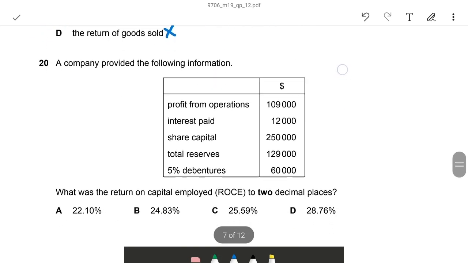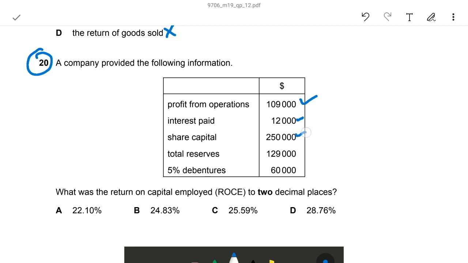Next. A company provides the following information: profit, interest, share capital, total reserve and debenture. Question: what was the return on capital employed, or ROCE, to 2 decimal places?